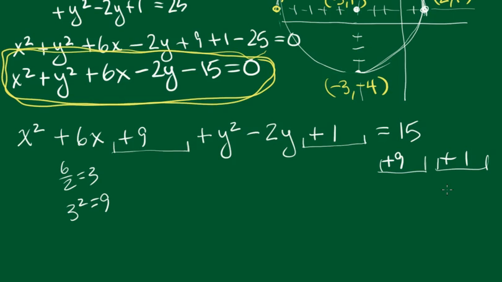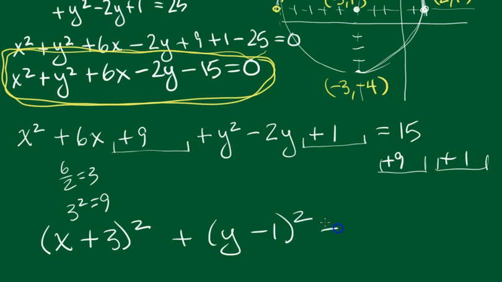And what do I get? Now I have (x plus 3) squared plus (y minus 1) squared is equal to 15 plus 9 plus 1, which is 25. Okay.